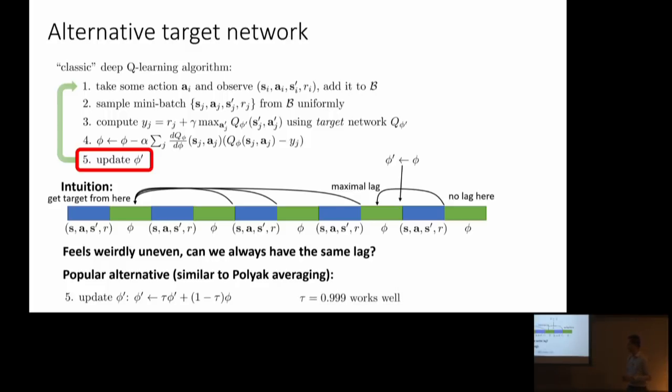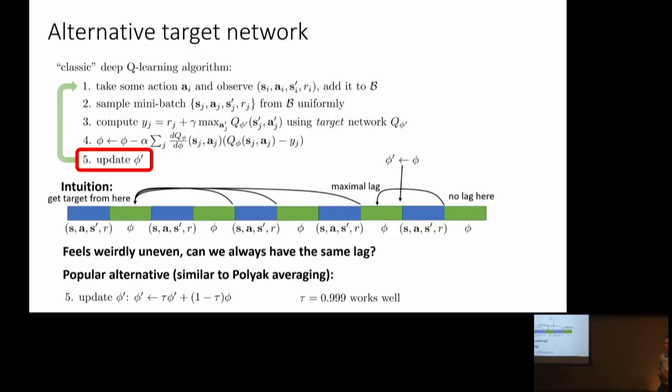So you might choose, for example, tau equals 0.999. That means that every single time you go around this loop, phi prime is almost equal to the old phi prime, but it's gently nudged in the direction of phi, so you get a damped update. You would usually use very heavy damping here to make sure the targets do stay stable, but they're still gradually going to chase after phi and gradually keep up.